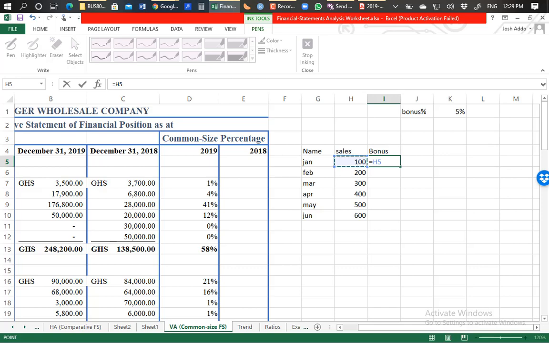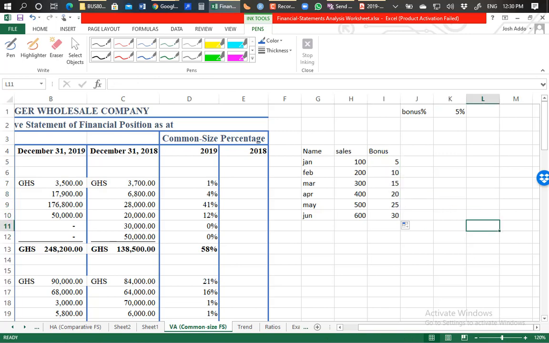Then times, when I click on this, I'll also press the F4 key to convert it to absolute cell reference. In other words, I have locked that cell where it is. When I drag the formula, it shouldn't move. That's what it means. So now when I drag, it will understand that it should apply the same 5% for all the figures. Right? This is snappy.